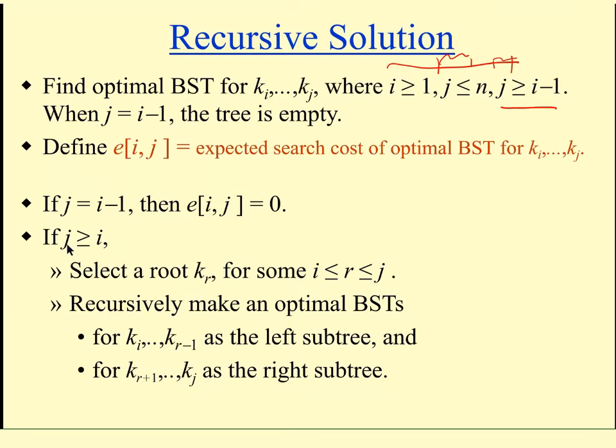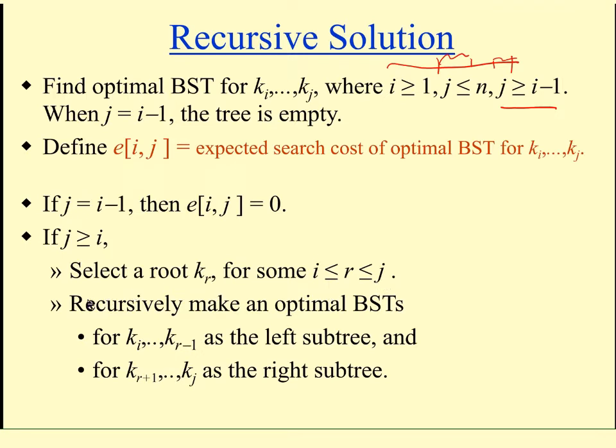So if j is larger than i, then we can select a root. This is based on the previous optimal substructure, so we need to loop over all the possible roots. We select one root r from this subsequence i to j, where r is larger than or equal to i and less than or equal to j.